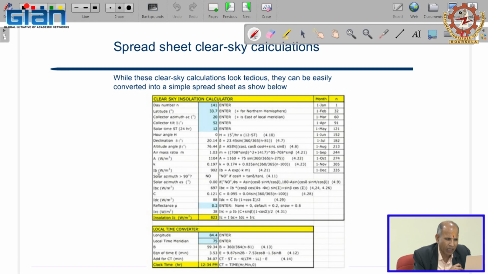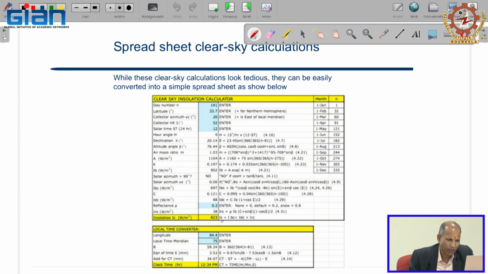Then after giving the input, you can calculate all this: beam, IDC diffuse, IRC reflected, and finally the insolation IC, which it gives you as a value. For example, for this case 823.